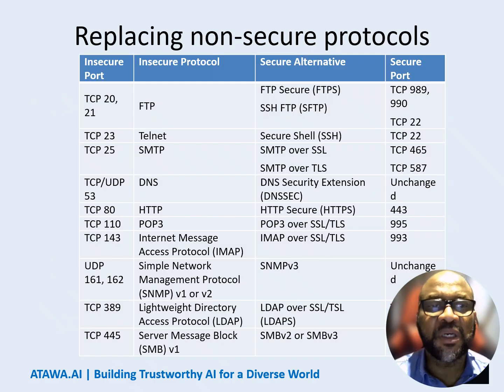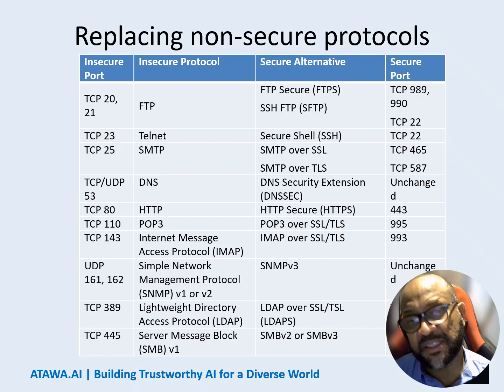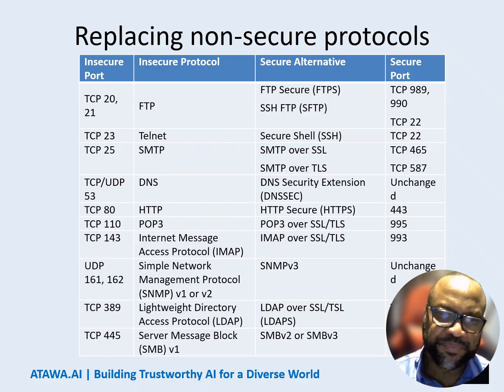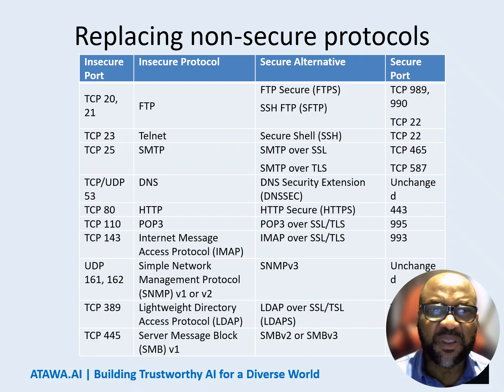All right, so this is a good slide to remember, especially for exam purposes. If you've taken the Network Plus exam or studied for it, you'll be able to remember this. You just have to remember them. 20 and 21 are for FTP, 23 for Telnet, SSH should be here, 22.